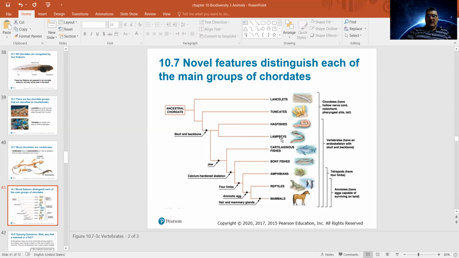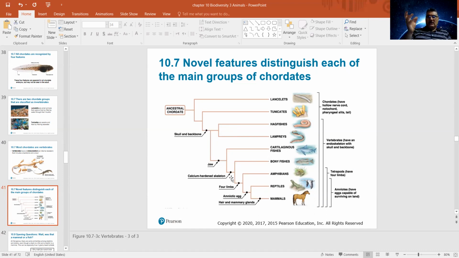The hagfish and lampreys just have the backbone and the skull. But then the jaw evolutionary adaptation was added to cartilaginous fishes, bony fishes, amphibians, reptiles, and mammals. And then calcium hardened skeleton.